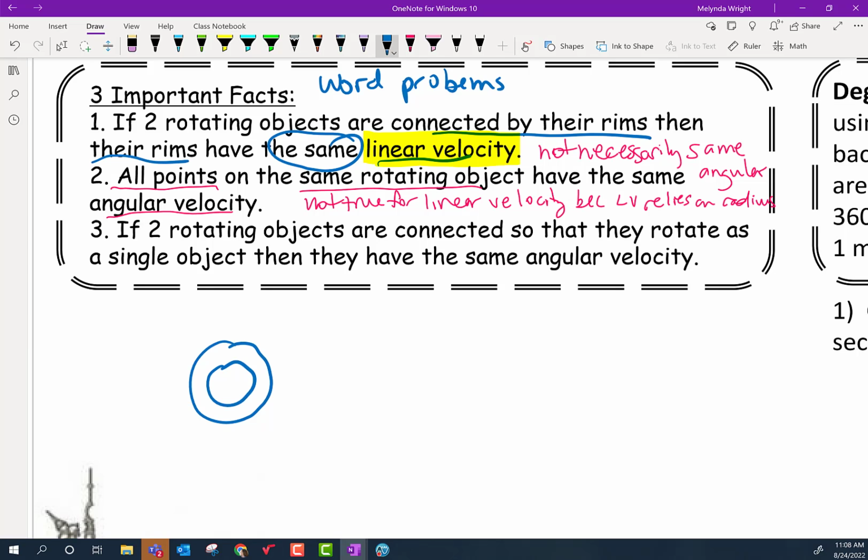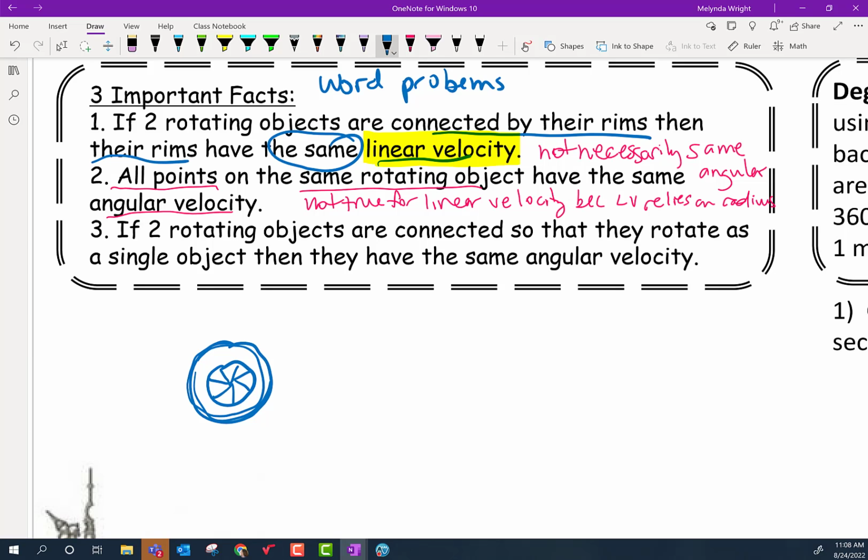I'm just talking about regular old wheels and tires. The tire is bigger than the wheel, I mean in radius. It's a larger radius. But they move together as one.